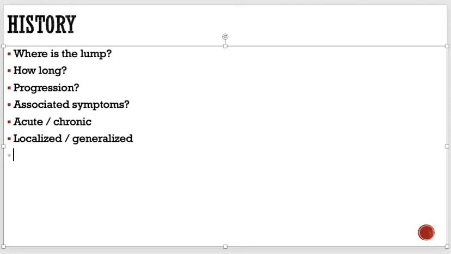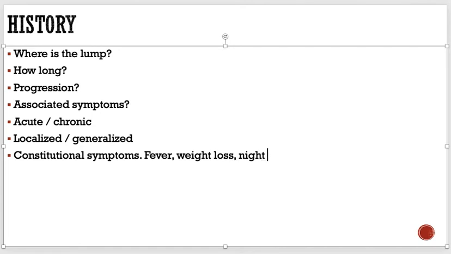You can check the constitutional symptoms, which are also called B symptoms. For example, fever, weight loss, night sweats.